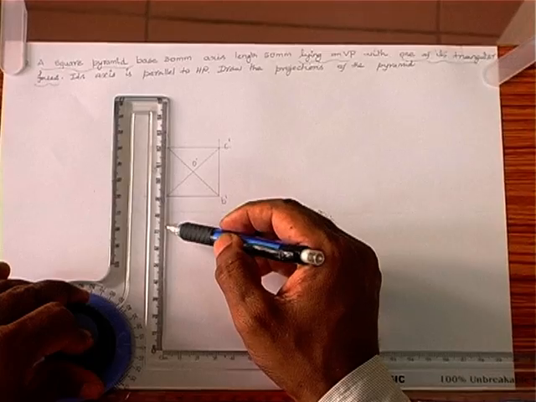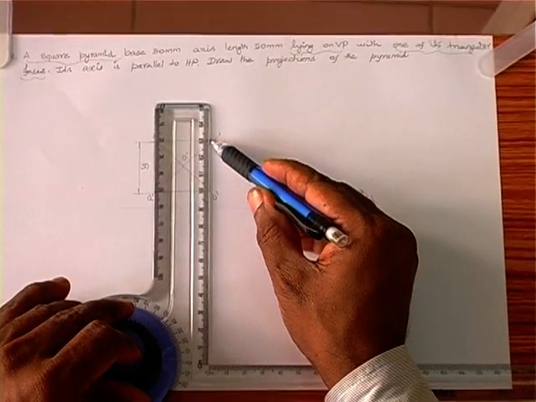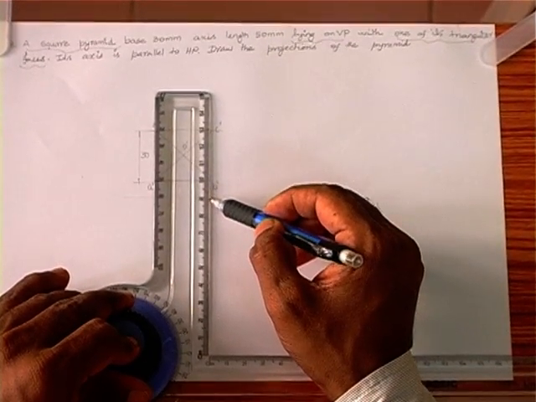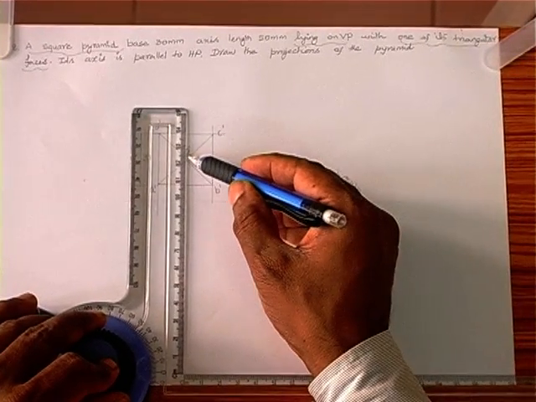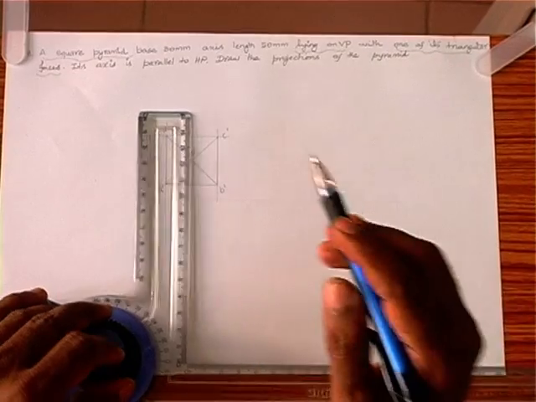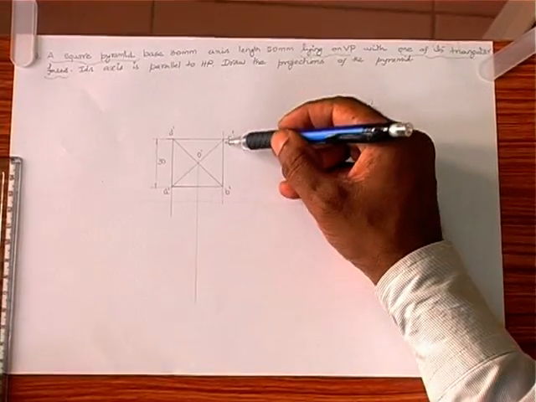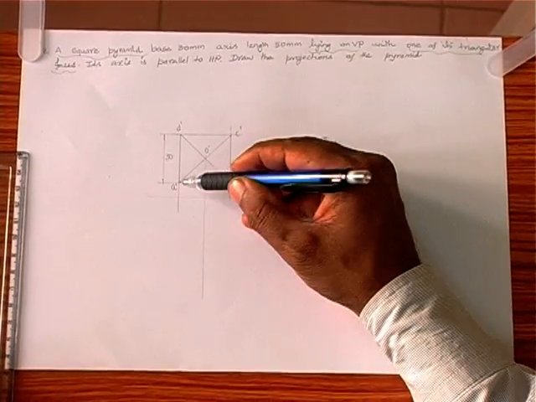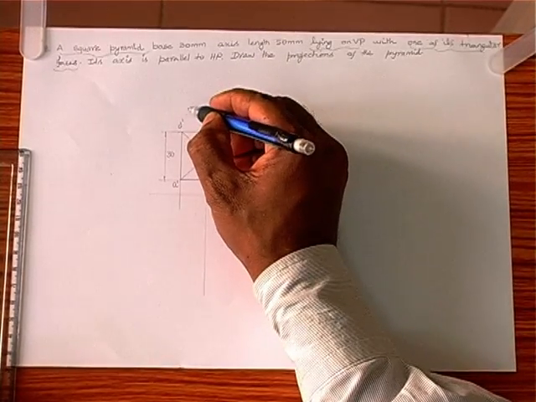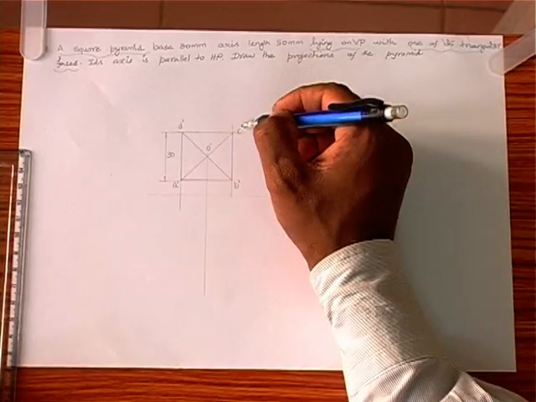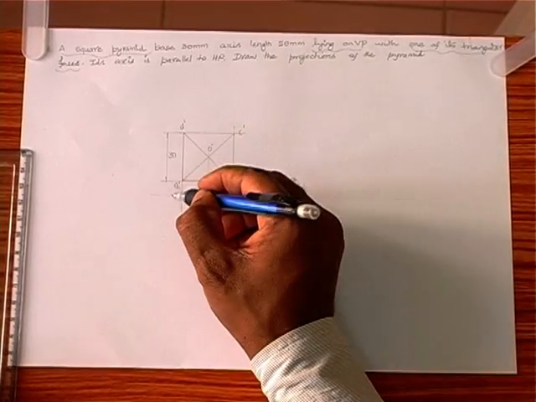Because it is resting on VP, the 4 points A, B, C, D should lie on the XY line in the top view. So when we see from here, D is visible, A is not visible, C is visible, D is not visible.